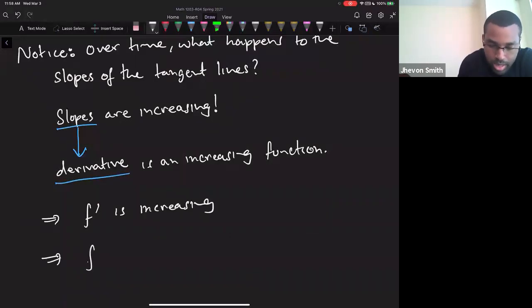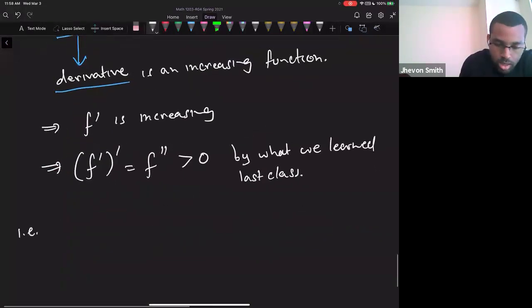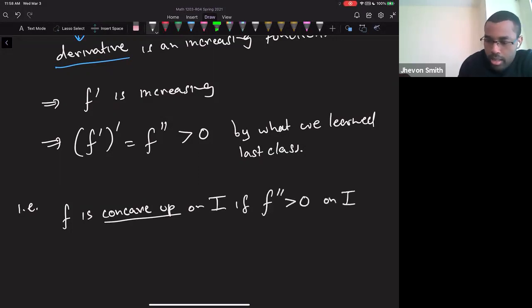And that means the derivative of f prime, which is the second derivative, is positive, by what we learned last class. I.e., f is concave up on I if the second derivative is positive on I.